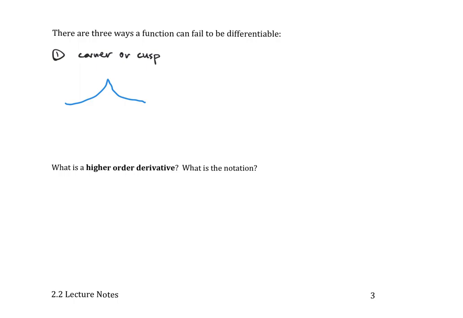The second way that it could fail to be differentiable is if you have a discontinuity. So, maybe you have some sort of jump discontinuity like this. Then, at the point A, it's not going to be differentiable.